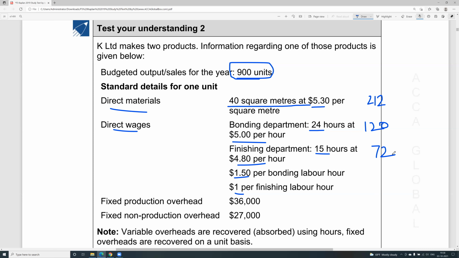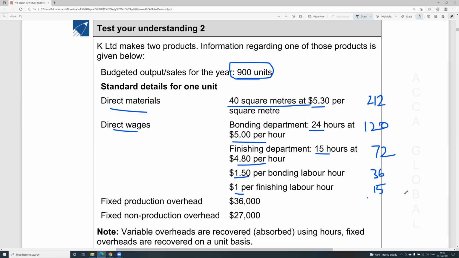Then we have the direct expenditure, which is 1.5 per bonding labor hour. How many hours? That is 1.5 into 24. Are you guys there with me? That's 36. And then $1 per finishing labor hour is 15.